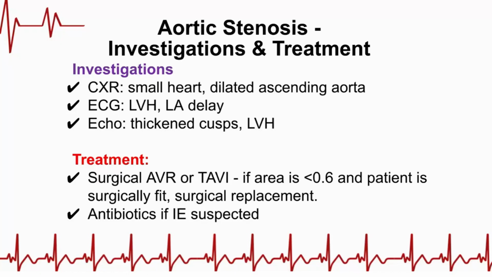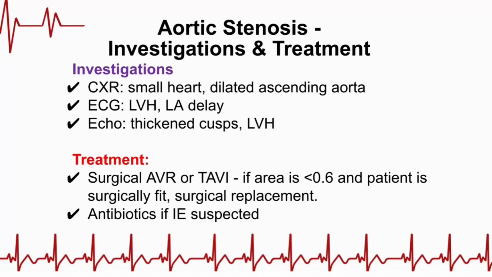But we still do tissue AVRs or surgical AVRs, if that patient is surgically fit, and if the area is below 0.6 centimeters squared. Okay. I've also added in that we can give antibiotics if infective endocarditis is suspected.